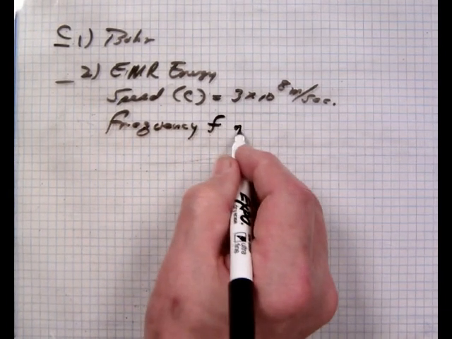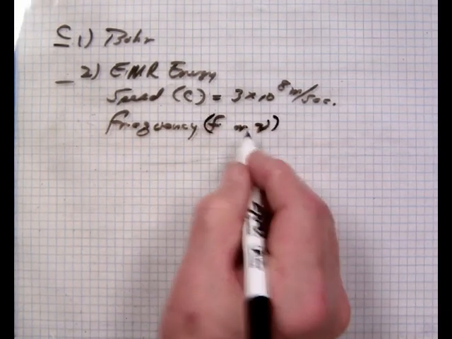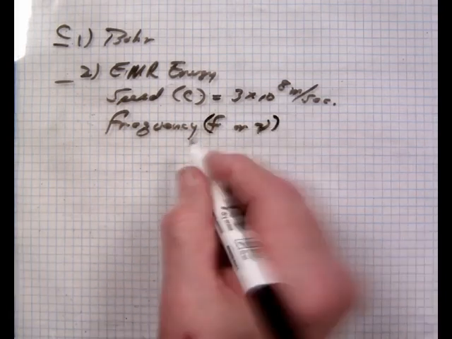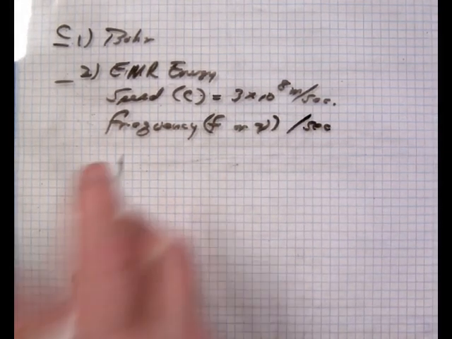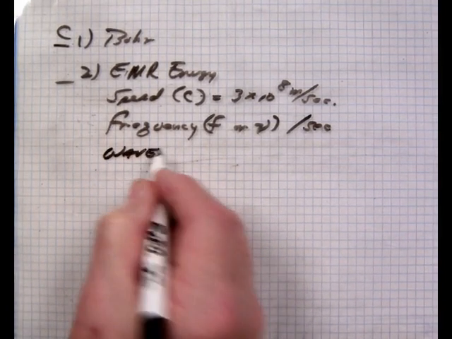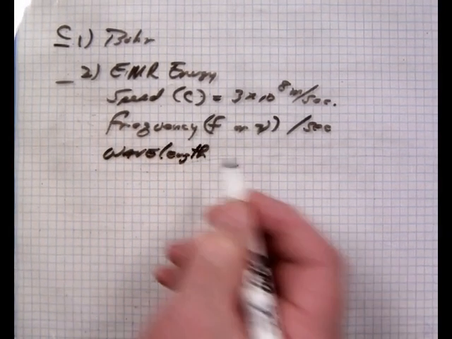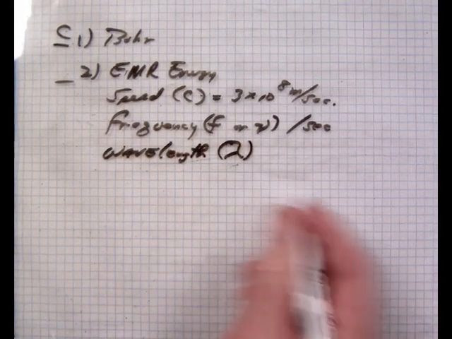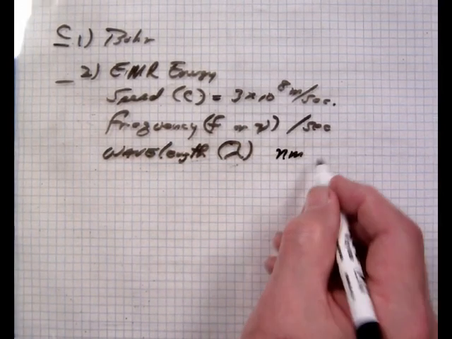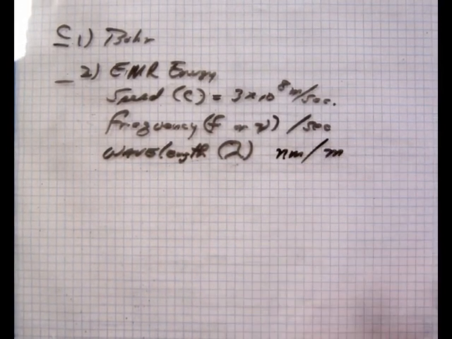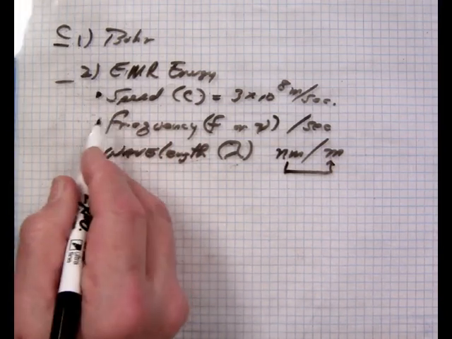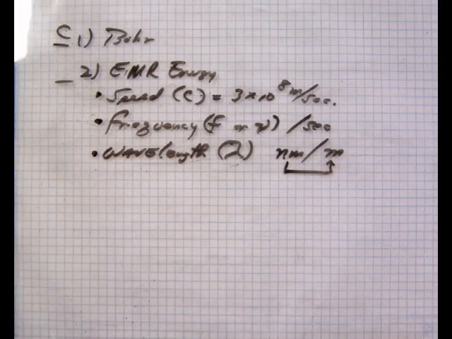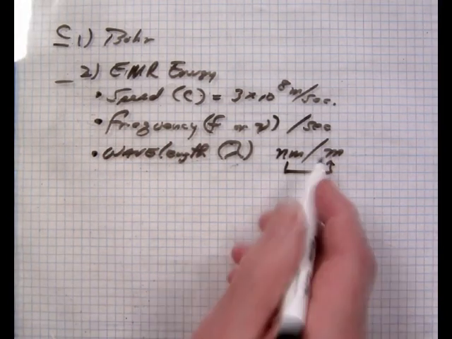Now I use f, or you could use a Greek nu, and that's per second. Wavelength: its symbol is lambda, and it's given in nanometers, meters, or whatever. Be able to convert from nanometers to meters, so you can apply them to the other equations.